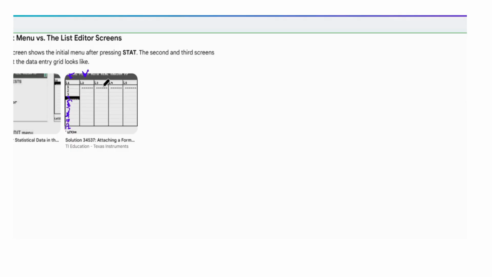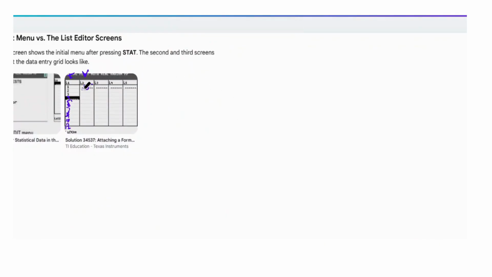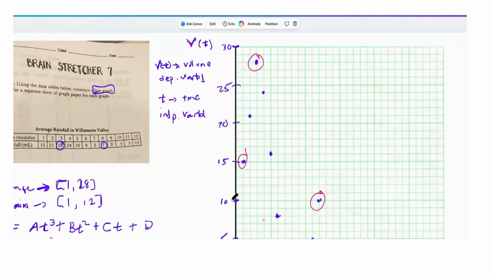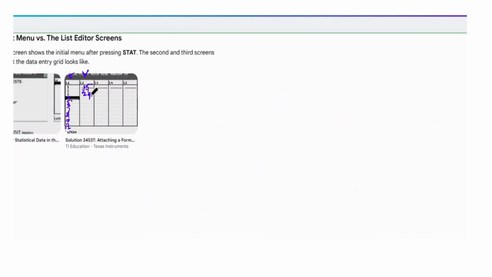You don't have to change L1. All right. And then you'll put 15, 21, 28, 24. Put your 24.